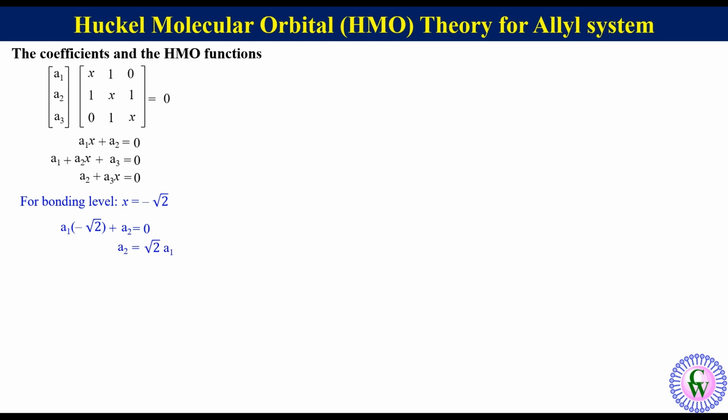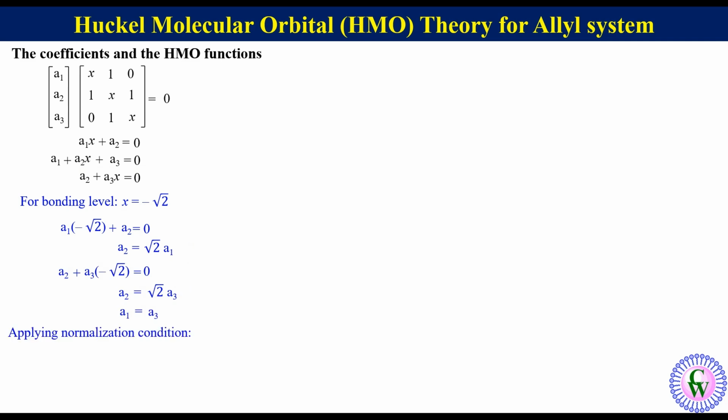Putting x equal to minus root 2 in the third secular equation gives A2 plus A3 into minus root 2 is equal to 0, or A2 is equal to root 2 A3. From these two equations, A1 is equal to A3.